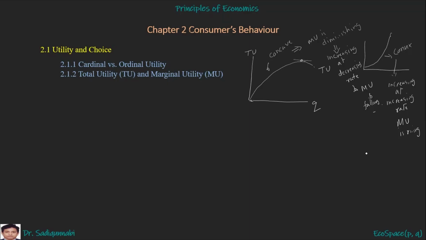Now tell me, if our total utility curve looks like this, what can you say about this total utility? I have graphs of three types. One is concave, and I say that marginal utility is diminishing. That means TU is increasing at a decreasing rate. The second is convex, so total utility is increasing at an increasing rate.